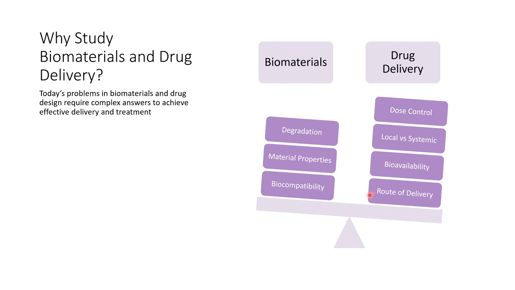So people with diabetes sometimes have to take recombinant insulin. Now, if you ingest a protein like insulin, it just gets degraded in the stomach, and so you can't even absorb it and use it if you take it orally, and that's why you have to inject it. So route of delivery is also a very big issue in drug delivery, and there are ways to get around it with biomaterials.